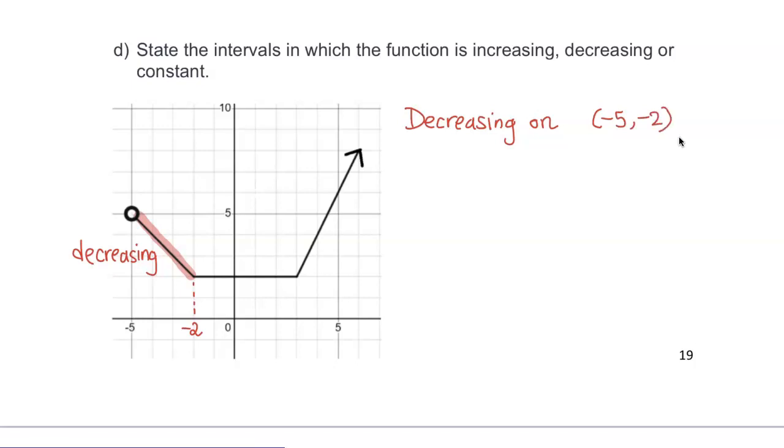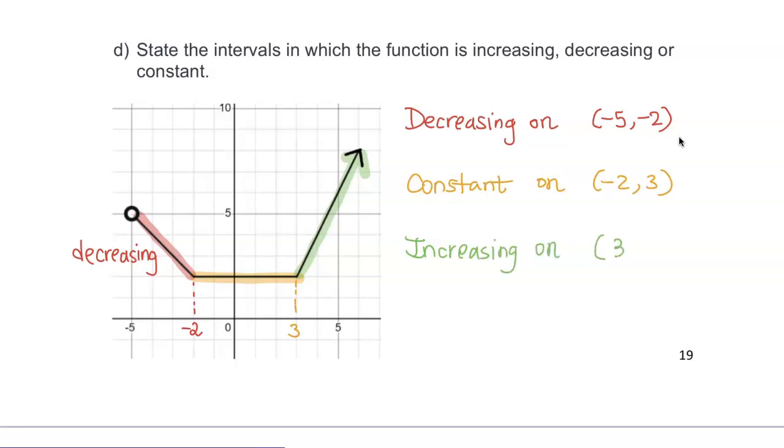Now I see a constant flat section right there. This graph is constant on -2 to 3. And after that, we see the graph is going up from left to right. So we're going to say this graph is increasing on 3 to positive infinity.